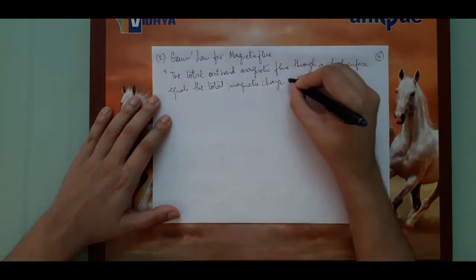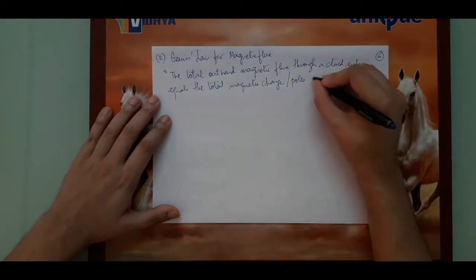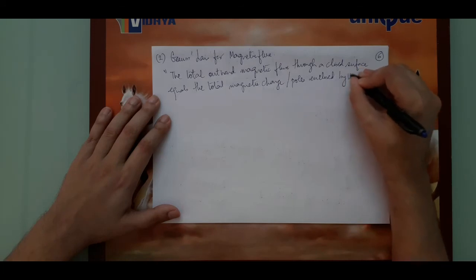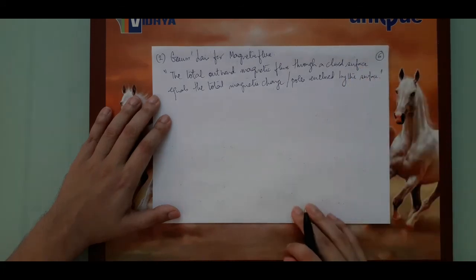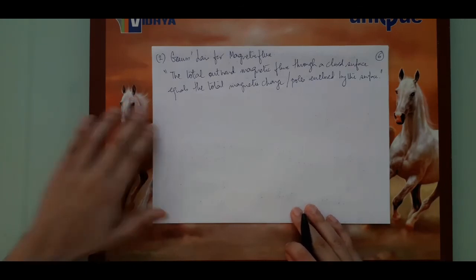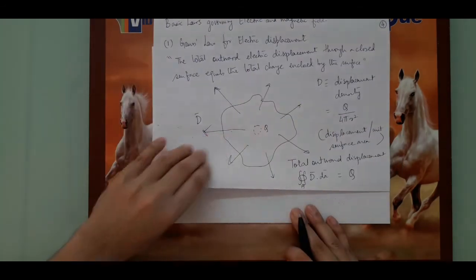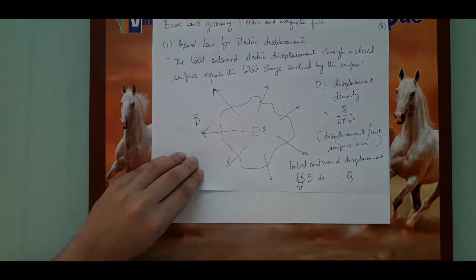For magnetic, we don't call it charge, we call it poles, enclosed by the surface. So just like electric flux or electric displacement we were talking about, this Q can now be thought of as a magnetic charge collection.